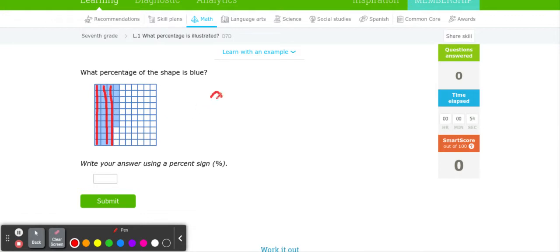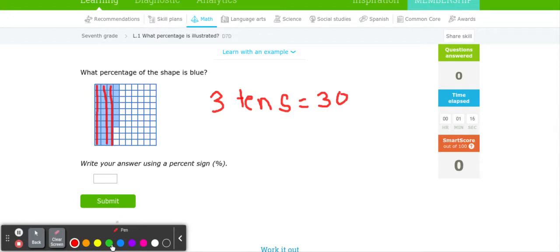So in total we have 3 of the 10s. 3 10s in this case would equal 30 because that's 3 different groups of 10s, which means our equation is 3 times 10, which equals 30.